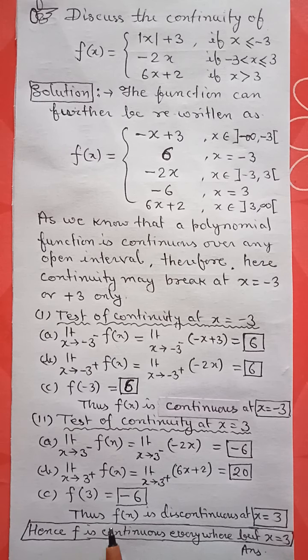Thus we see that f is discontinuous at x equal to 3, and hence f is continuous everywhere on the real line but not at x equal to 3. That means f is continuous everywhere but x equal to 3.